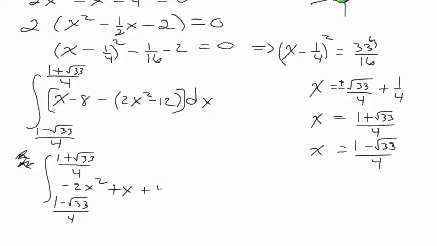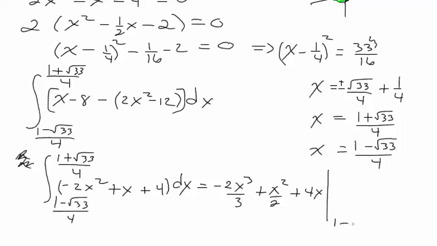Yes. dx. Taking the integral, we get negative 2x cubed over 3 plus x squared over 2 plus 4x, going from 1 minus the square root of 33 over 4 to 1 plus the square root of 33 over 4.